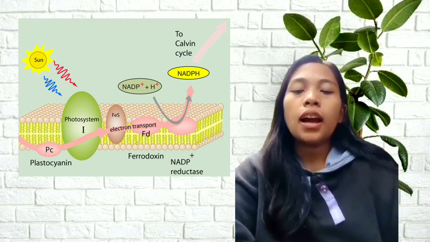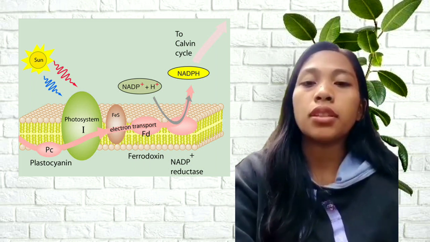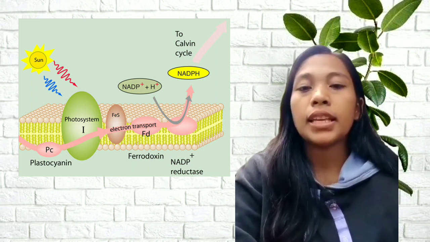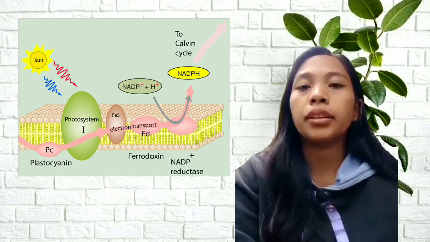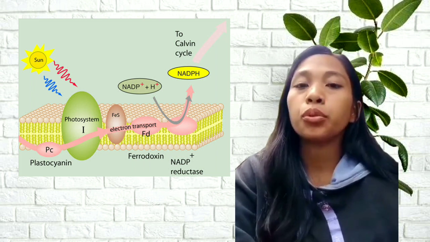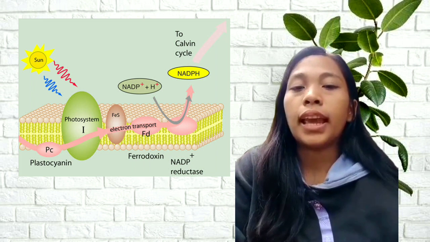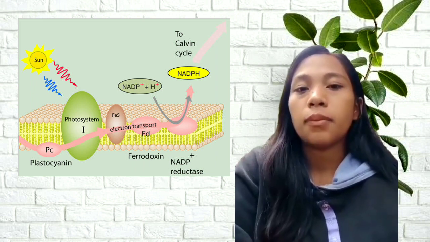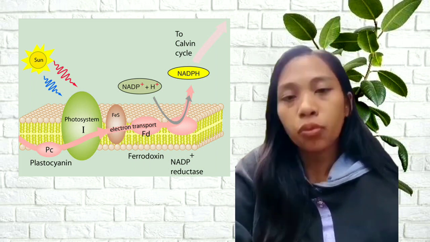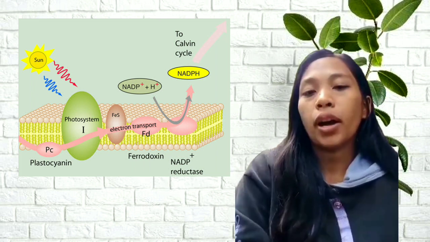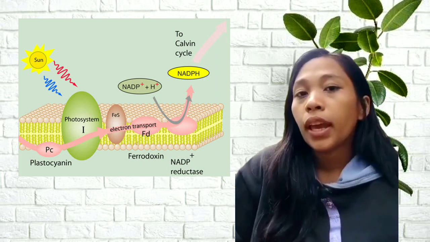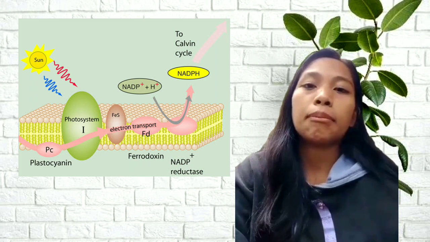After that, ATP, or adenosine triphosphate, is a byproduct of this process due to the proton gradient and ATP synthase. Then electrons move through photosystem 1 from photosystem 2, and NADP is converted to NADPH, with hydrogen.